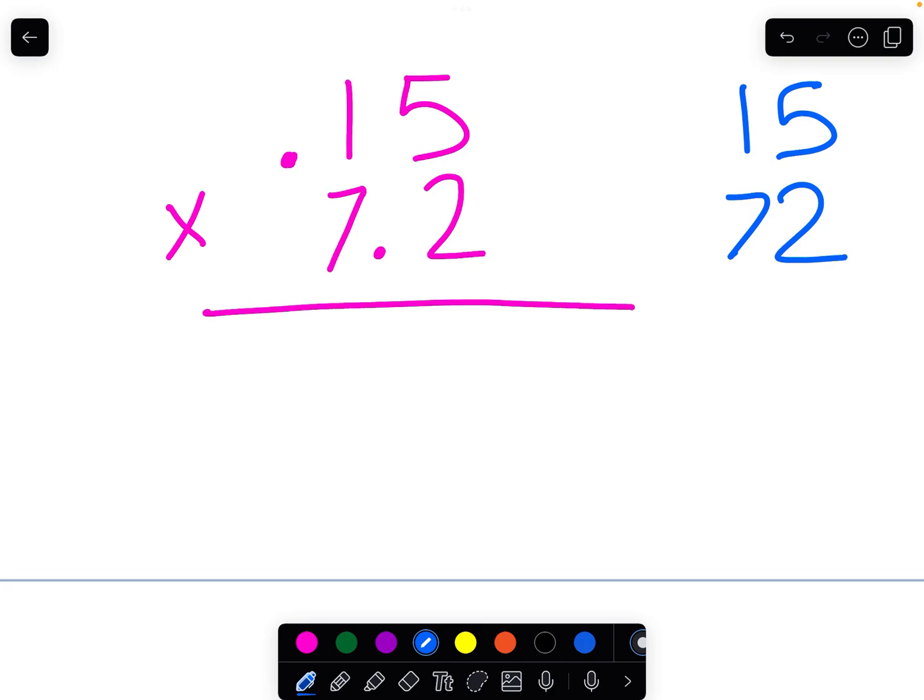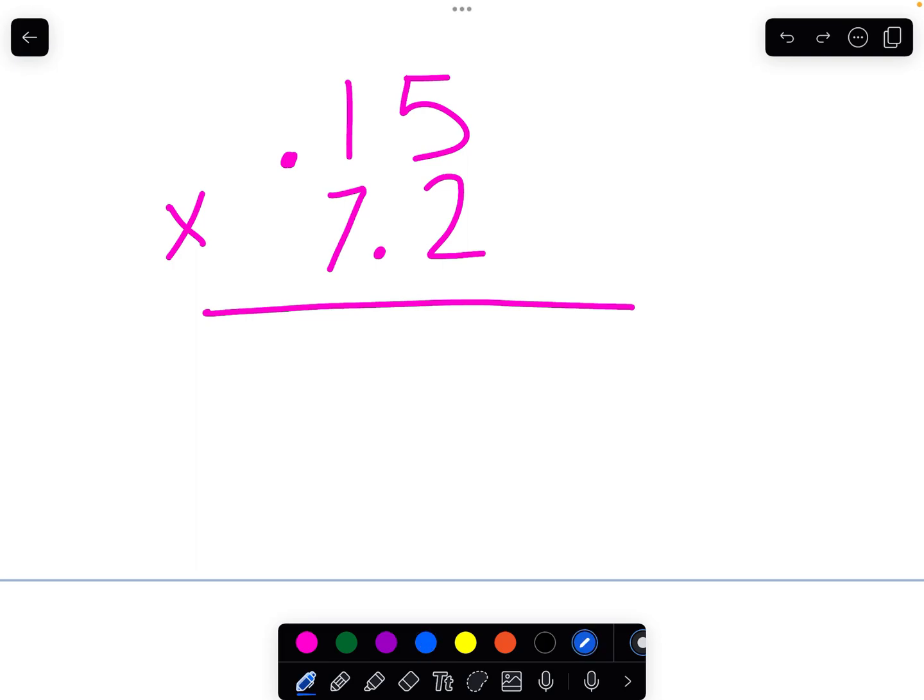Okay, and by the way, if you want to use the box method or partial product multiplication, you can do that too. Use the method that works best for you, and just multiply the factors as if you were multiplying regular whole numbers. All right, let's get to it.